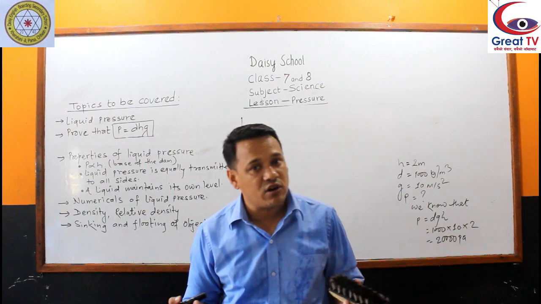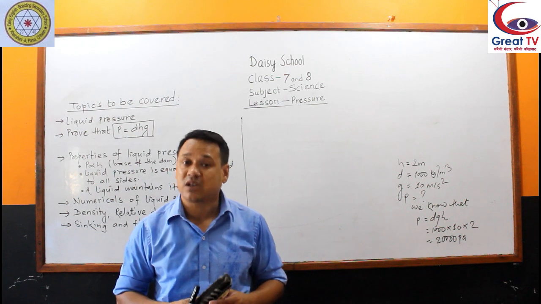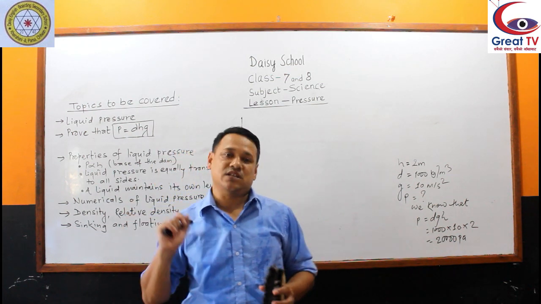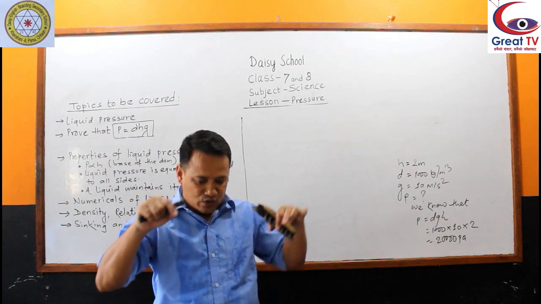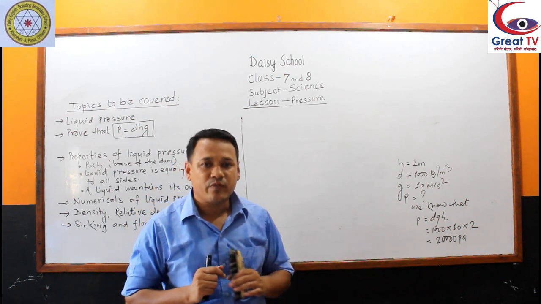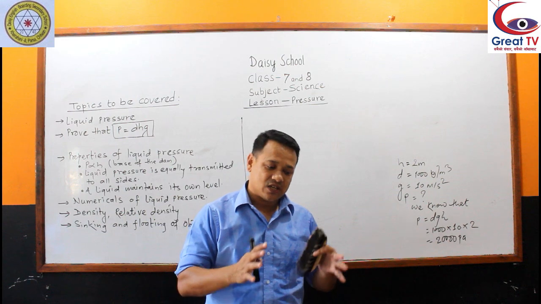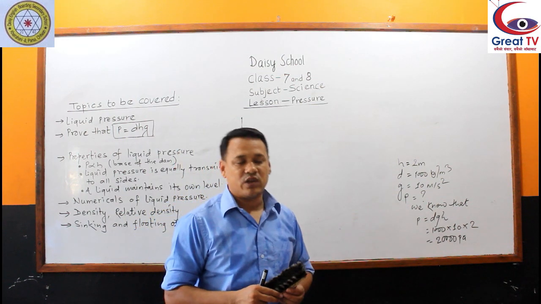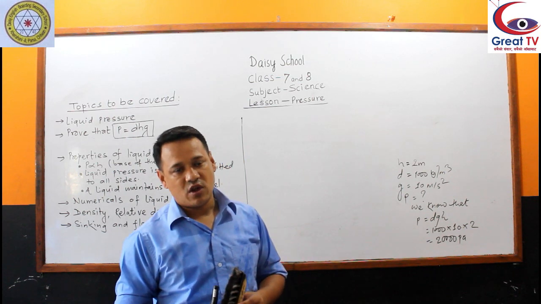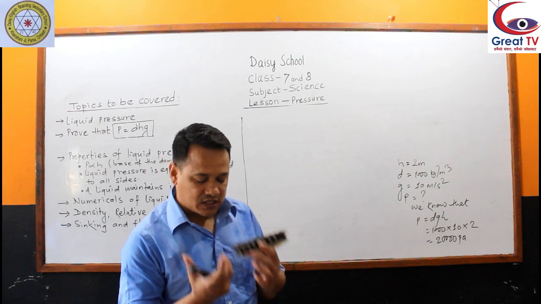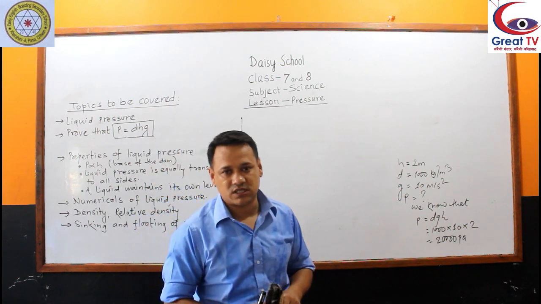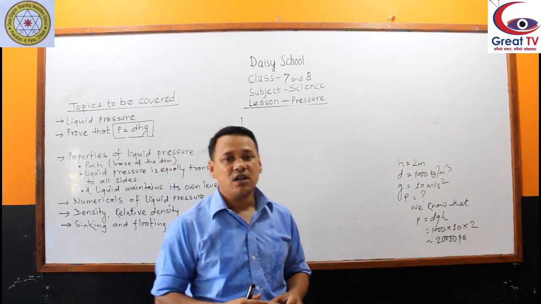Surely iron will have more mass because iron has more density and cotton has less density. According to this, we can determine the density also. If less mass is adjusted, then less density; more mass, then more density. Comparing like this, we can find the density.